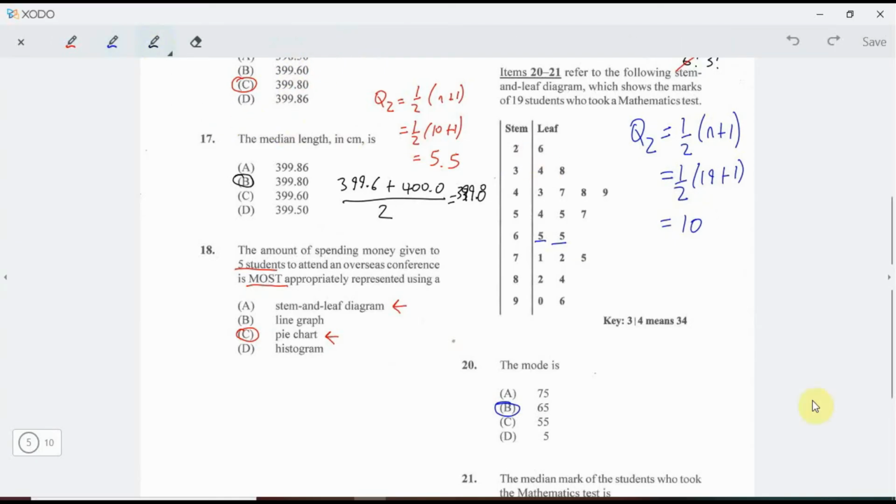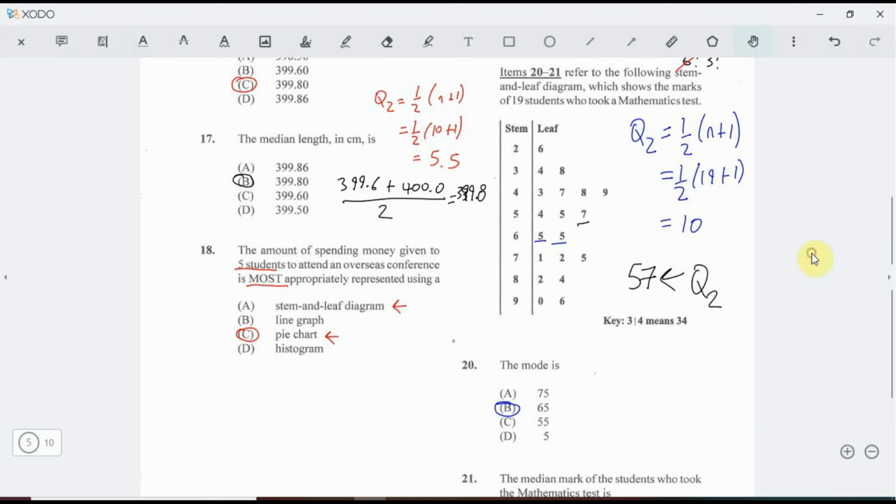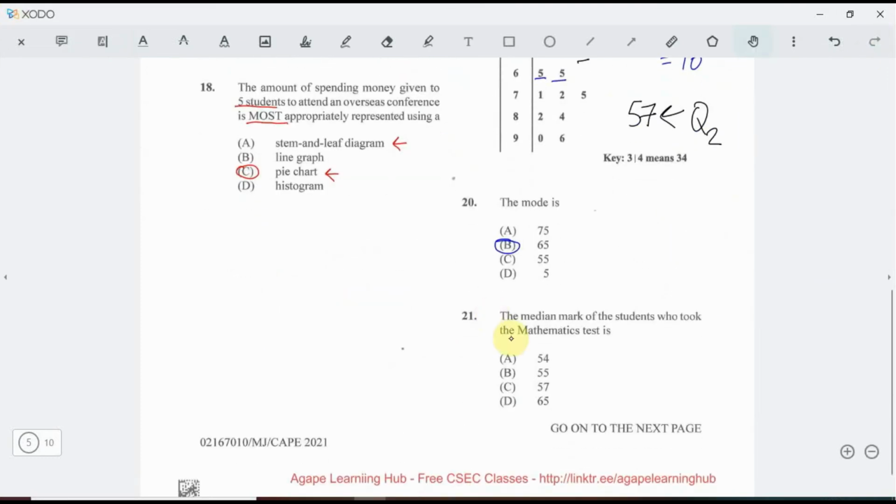We count 1, 2, 3, 4, 5, 6, 7, 8, 9, 10. So the median is 57. This is Q2. That's the median. Here it is, option C.